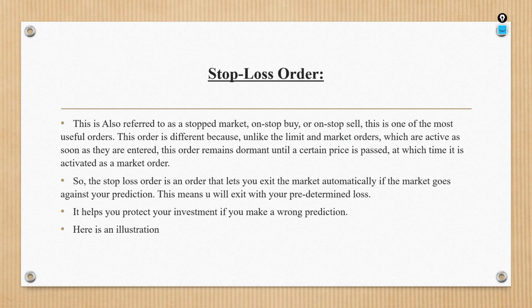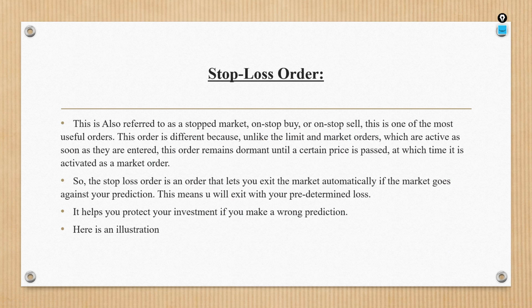So now, what if you've entered the trades, maybe you're not very sure and you're scared to lose all your money? The good news is that you are very much capable of controlling how much money you should lose if a trade goes against you.